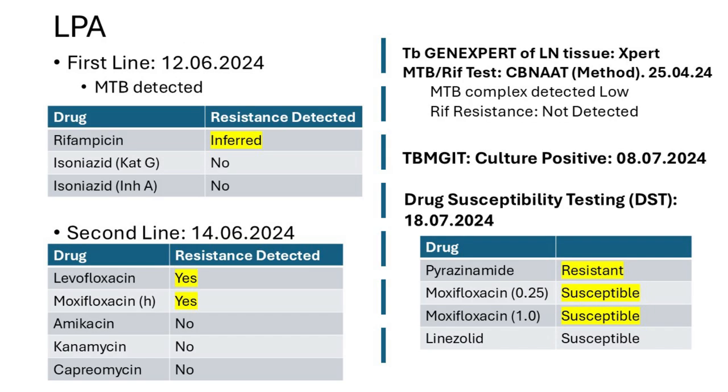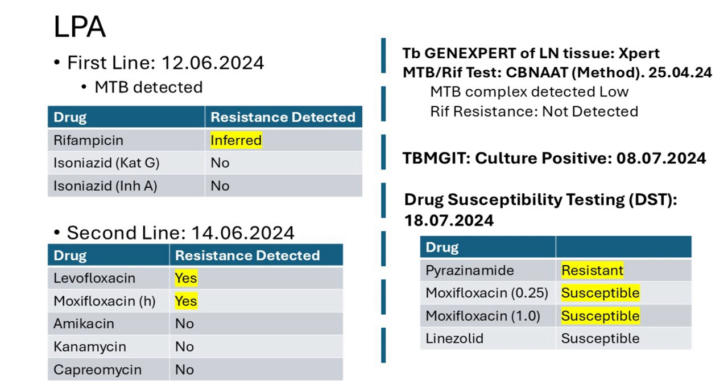Now, this is a very interesting slide, and this is the crux of today's talk, how to decode this microbiological mystery. On the left side of your screen, you are seeing the line probe assay, the first line LPA, which we got on 12th June, showed rifampicin resistance inferred.